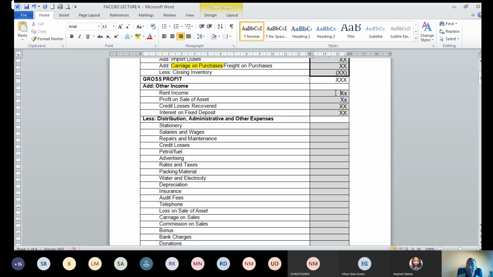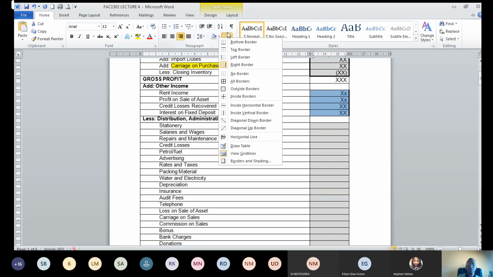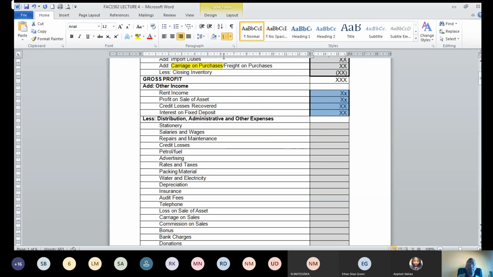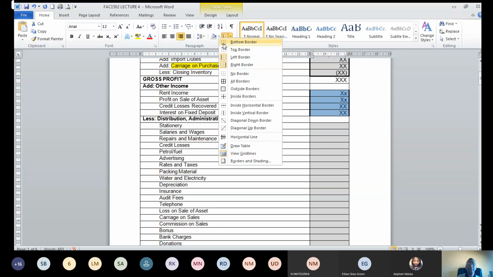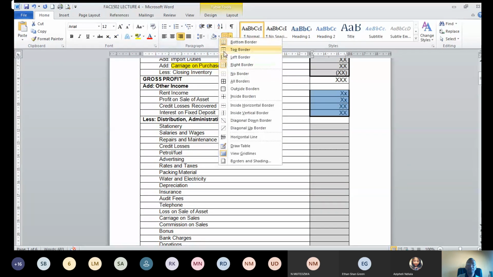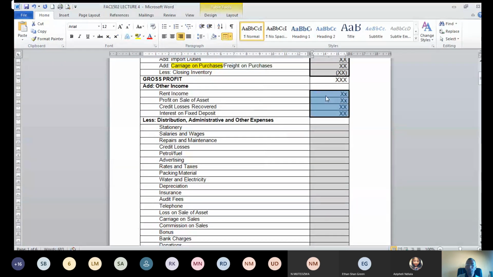You block that. Put it in a block. You add it up. And if you add it up, that will be the total then of other income.